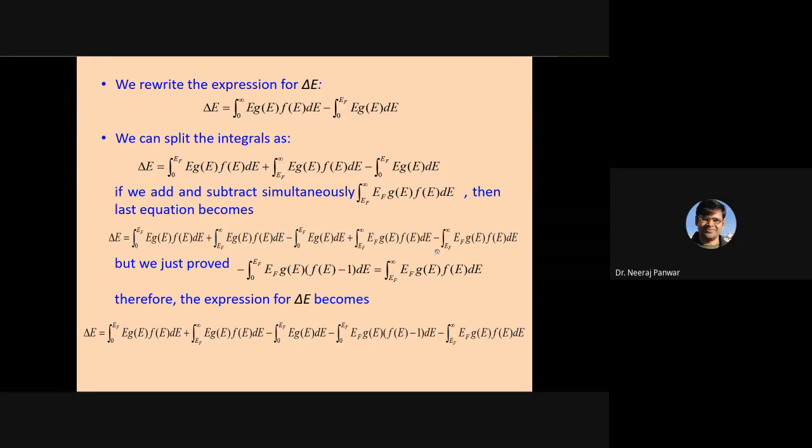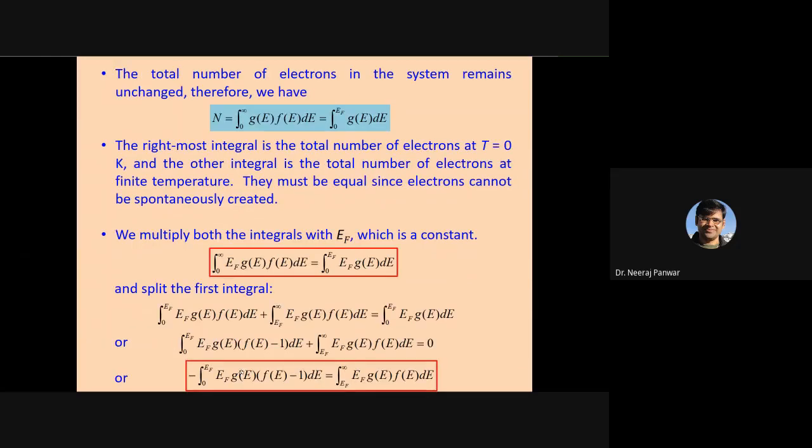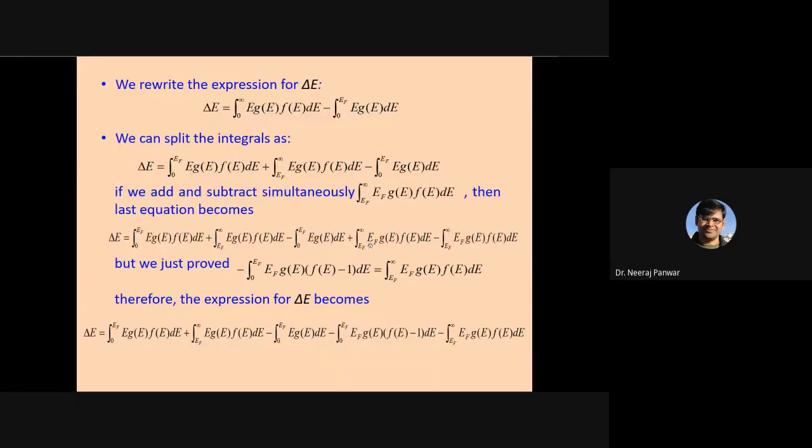Now here we have this term, which has a positive sign, and we have proved this is equal to this. So in place of this fourth term, we can write this term.